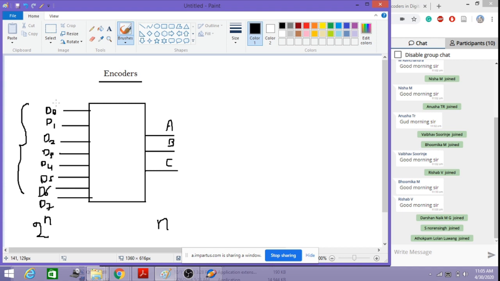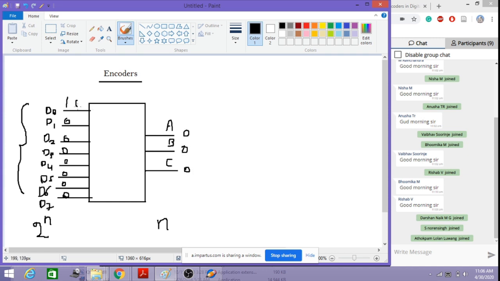For example, if we have 8 switches connected here, and any one of the switches closes, then we will get the corresponding binary number. For example, if we close the first switch, we get logic 1 at the first input, and considering that all other inputs are 0, the equivalent binary value generated is 0, 0, 0.